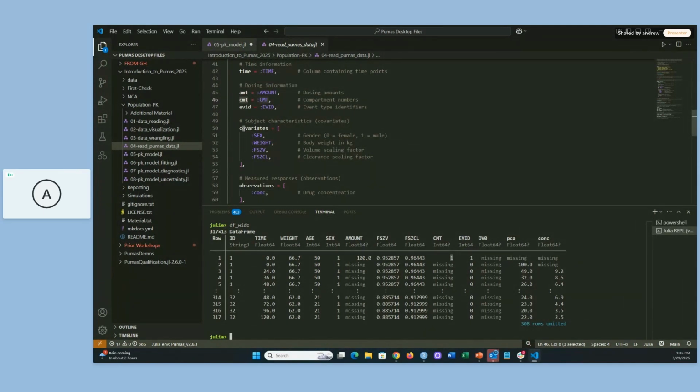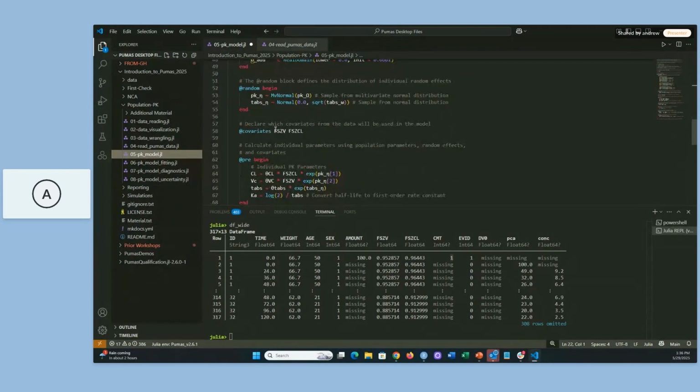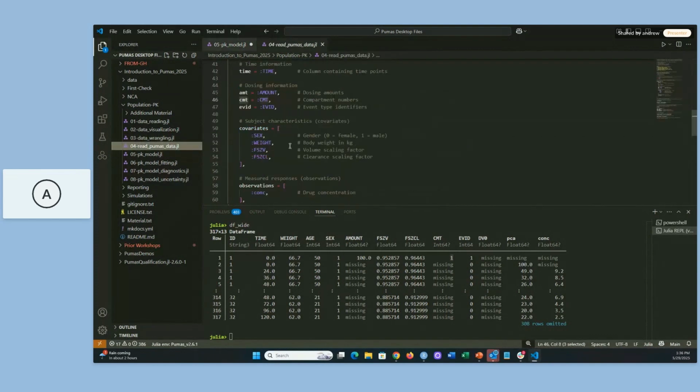We will also pipe in which covariates we need to work with. Compared to the @covariates block that we use within the model, what I like to do is define it within the PK model, go down, copy that line, whatever you use for covariates, and then add in the colon to denote the column header and commas between each of them.